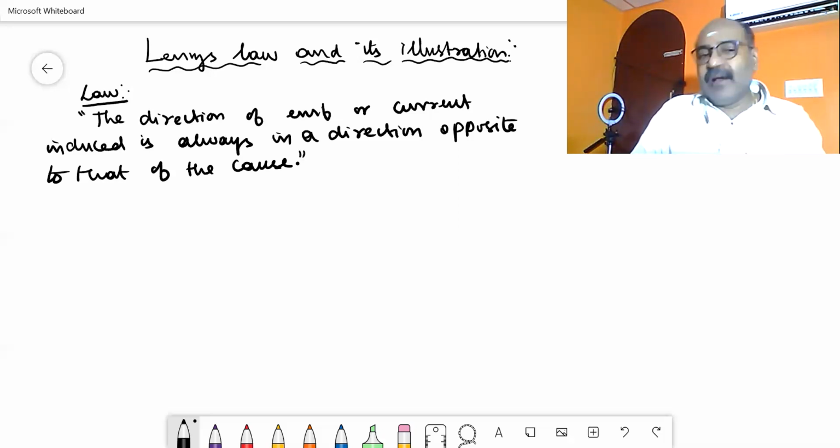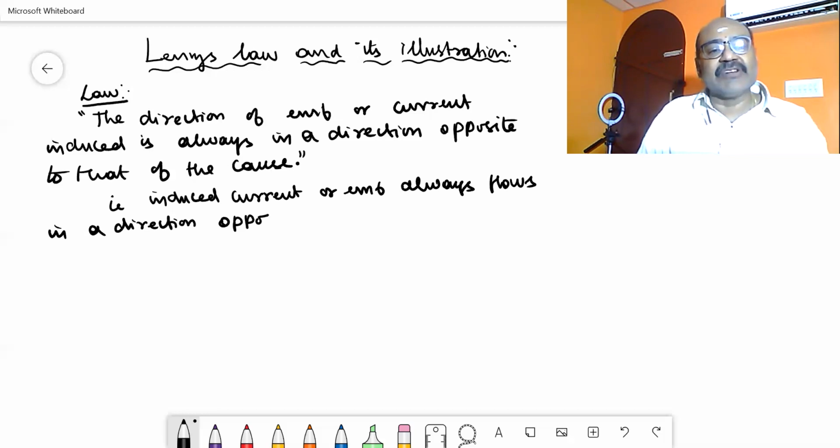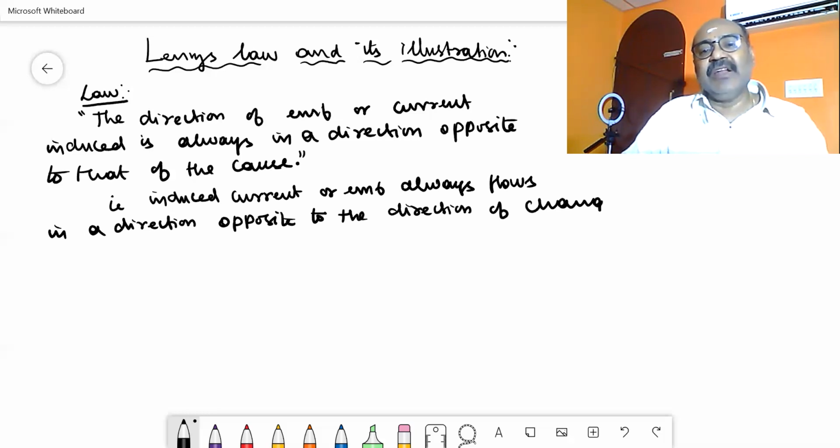If you want, you can write an explanation. That is, the induced current or EMF always flows in a direction opposite to the direction in which the flux changes, the direction of change in flux.